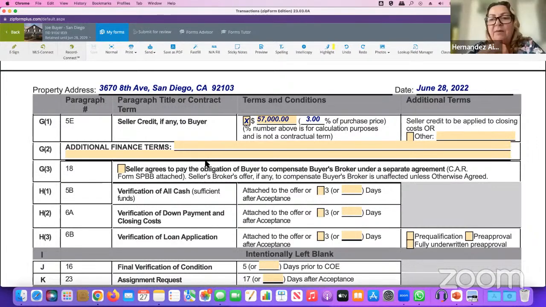One more point on this. When you're a listing agent reviewing these offers with the seller, you have to make sure that all the criteria are met. In other words, that the buyer's agent has given you the buyer representation agreement, correctly filled out the SPBB, and checked the box in 3G3, because otherwise it's invalid.